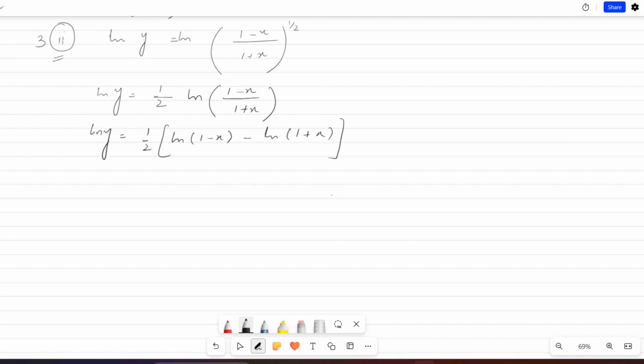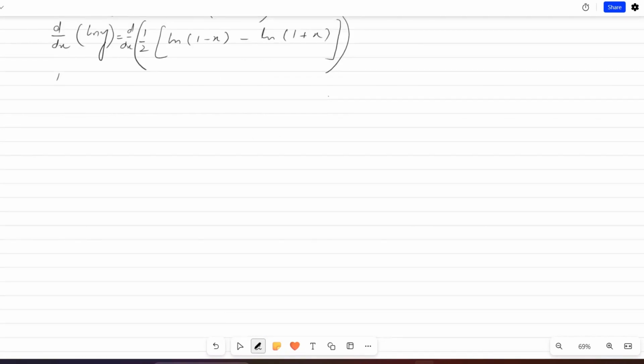Fine. Now, taking the derivative on both sides of the equation, it would be 1 upon y dy by dx is equal to 1 upon 2, which stays the same outside, and the derivative of ln(1 minus x) minus the derivative of ln(1 plus x).